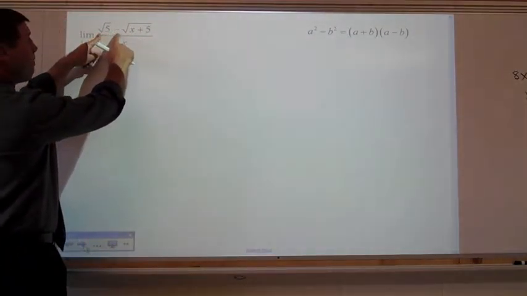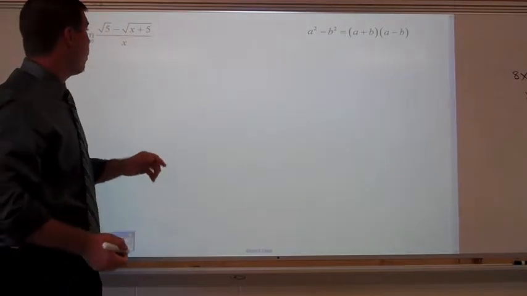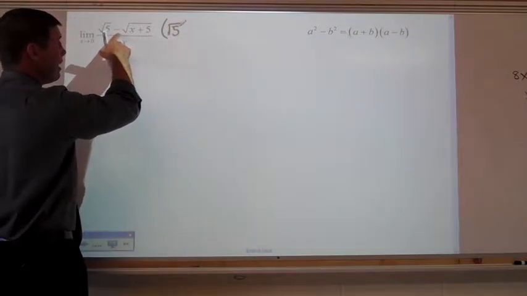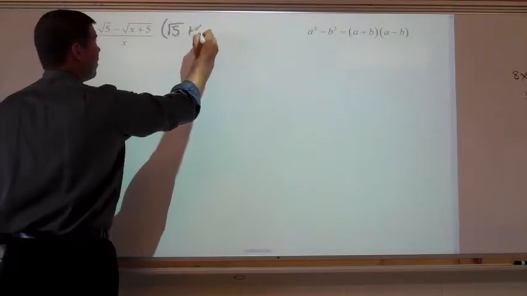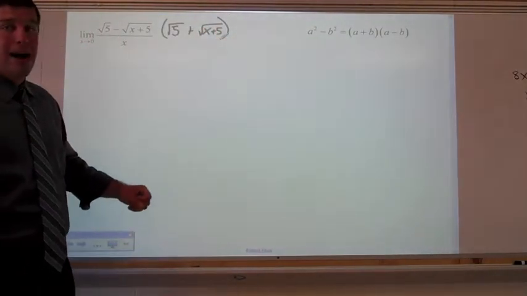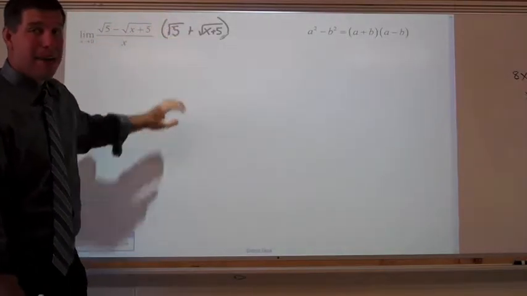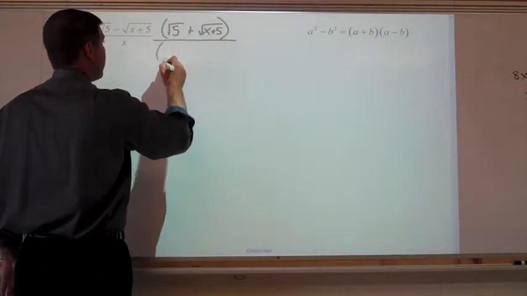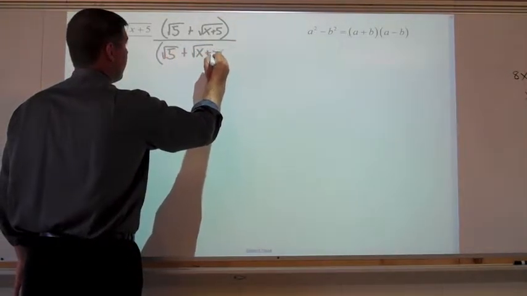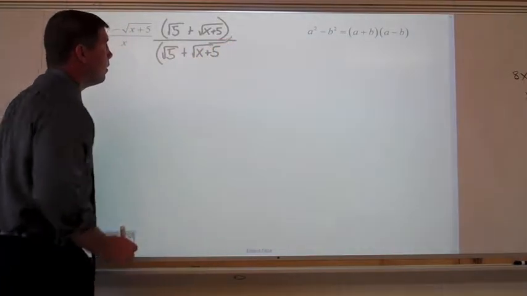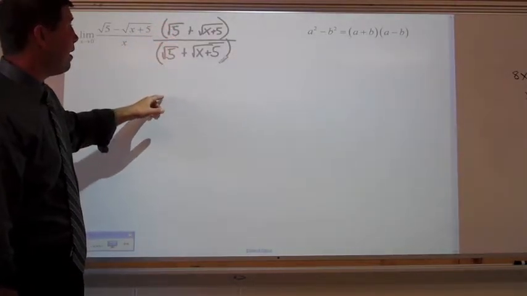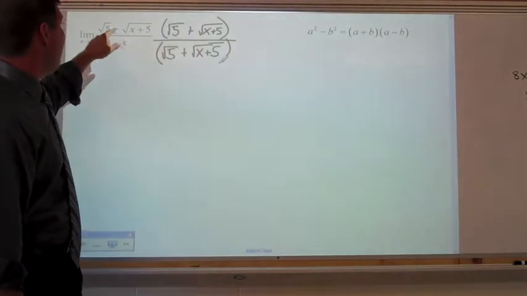Here you have square root of 5 minus square root of x plus 5. So we're going to multiply this by the square root of 5. Instead of minus, we're going to add the square root of x plus 5. Now I want to multiply this by 1, so the numerator and denominator have to be identical. I multiply the numerator and denominator by the same thing, using difference of squares to pick what I'm going to get.